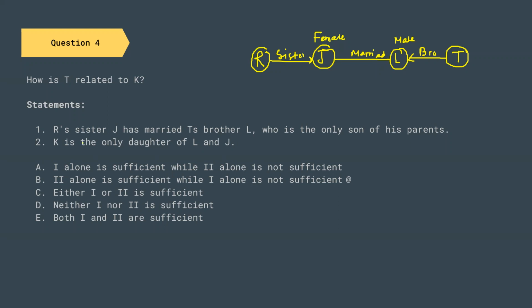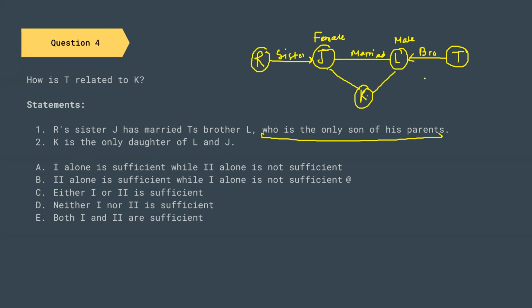Now, K is the only... I will come to this statement a little bit later. So now the second statement is K is the only daughter of L and J. So K is the daughter of L and J. So how is T related to K?